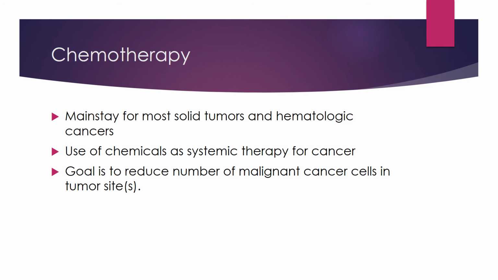We're not going to learn all the various classifications of the chemo drugs, but just know that chemo is often used for solid tumors and hematologic cancers. They are infused into the systemic circulation, and hopefully what they will do is reduce the number of malignant cells associated with the actual cancer.